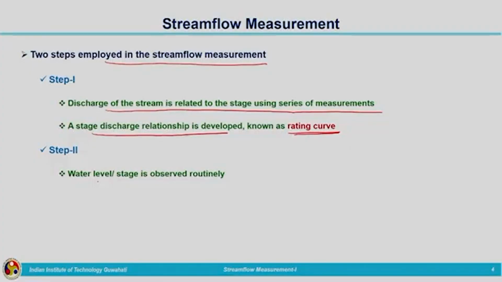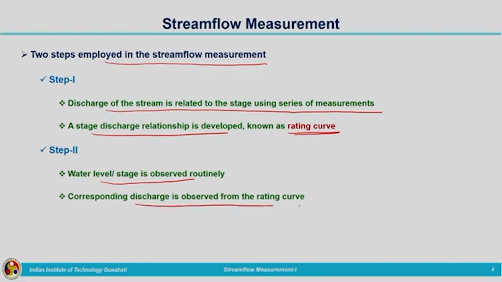So, in the second step, water level or stage is observed routinely and the corresponding discharge is obtained from the rating curve. The water level observation is done routinely by certain agencies. So, discharge measurement will not always be done; water level measurement will be done, and corresponding to that water level, we can get the discharge from the rating curve. This is the way we get the stream flow at a particular gauging station rather than directly measuring the stream flow.